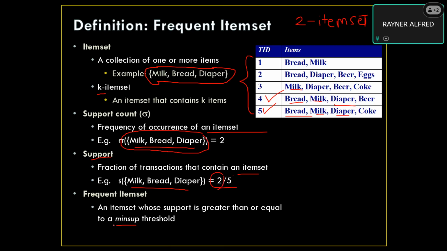So the minimum support threshold determines whether an item set is frequent or not. If the minimum support is 3, this is not a frequent item set because it only exists 2 out of 5.